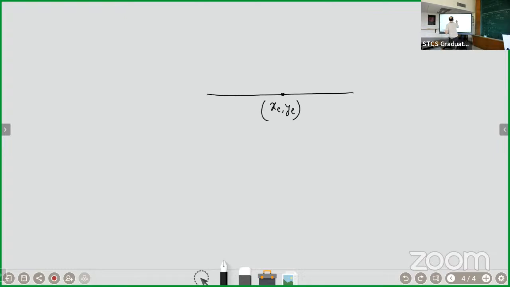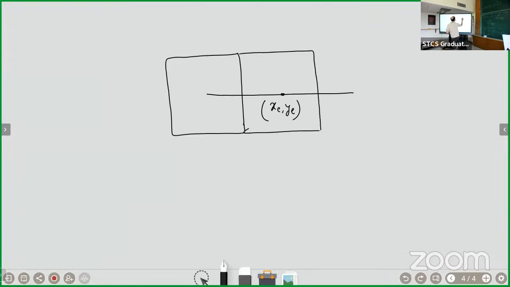For edge E, its center is defined as (x_E, y_E). This length is S. Three squares is what I want.